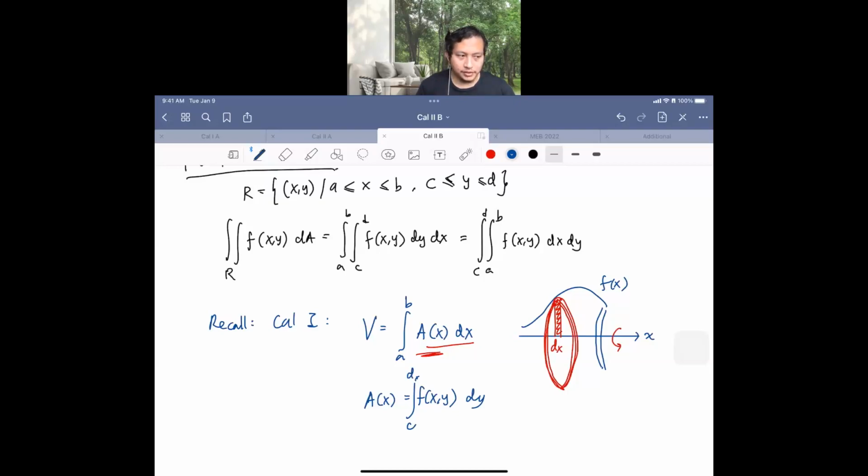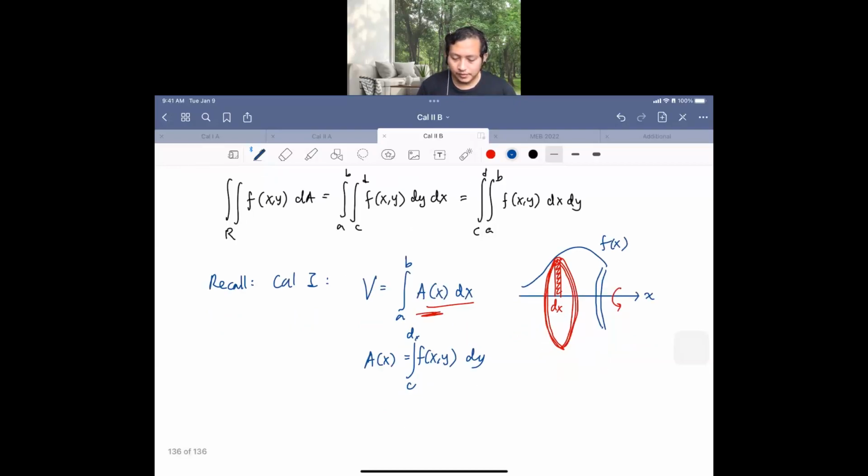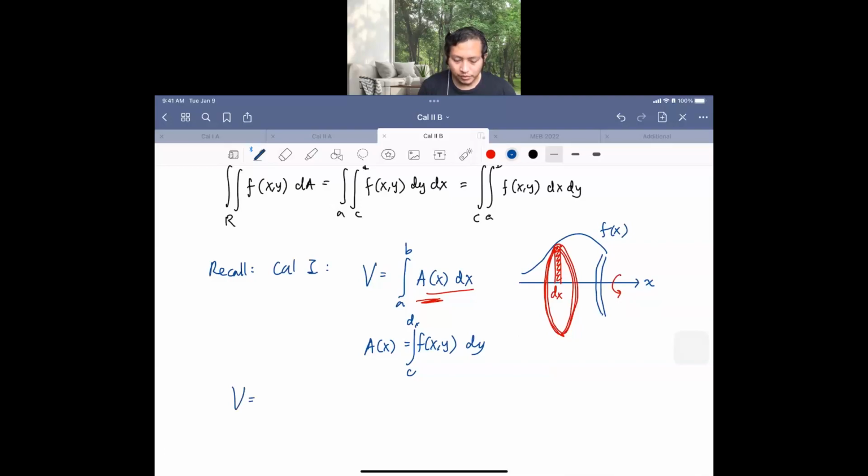We can write it in something like this, and now we have combined these two, so the volume will be the integration from a to b of A(x) dx, and then we combine the A(x) inside here. This will be the integral from a to b, and A(x) will be the integral from c to d of the function of xy dy. I hope from this part we can get a clearer way to see why this Fubini theorem is correct.